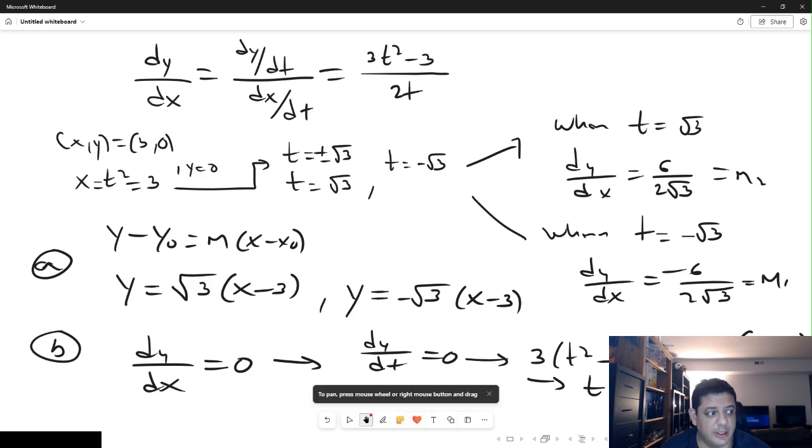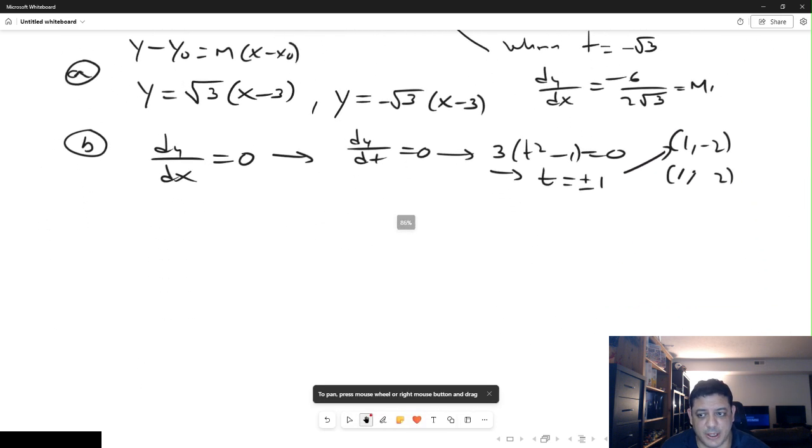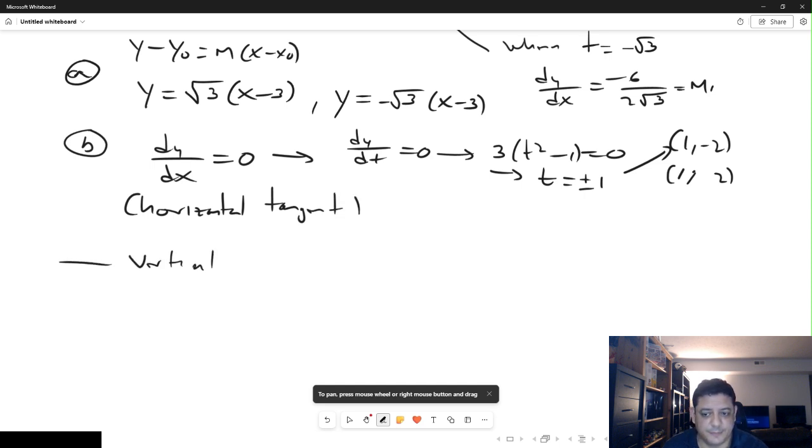Now for the slope to be vertical, so this was horizontal tangent. Vertical tangent means that the bottom is going to go to 0.